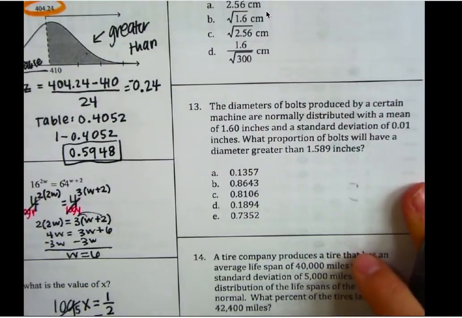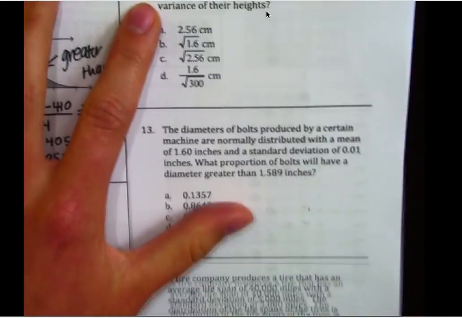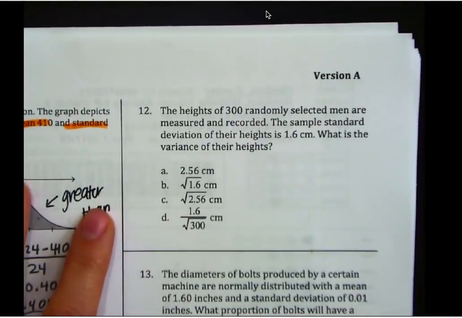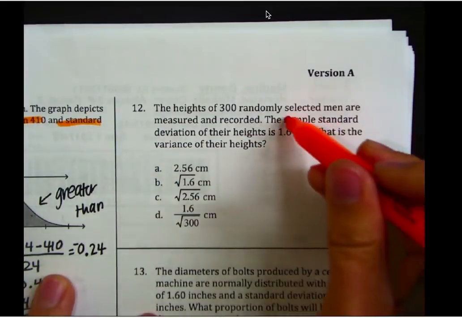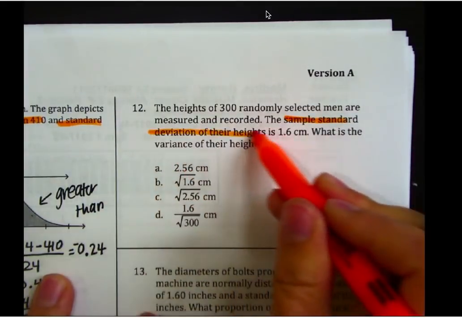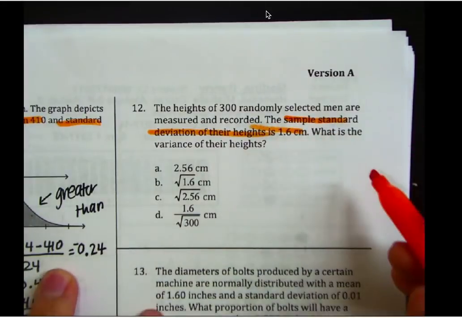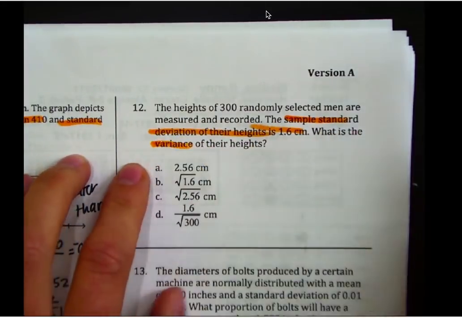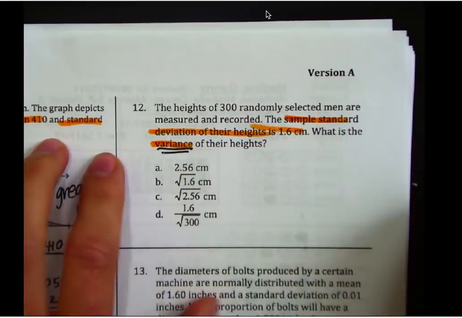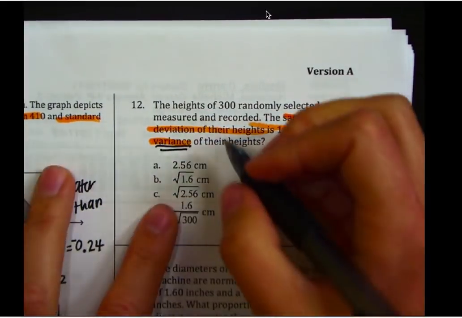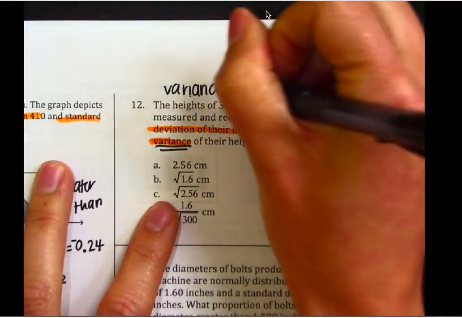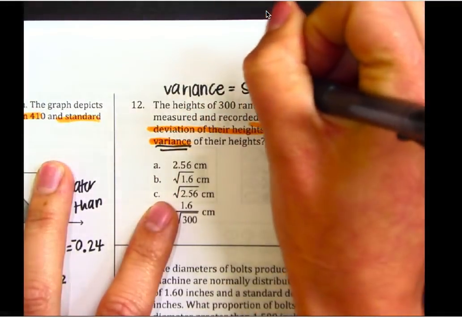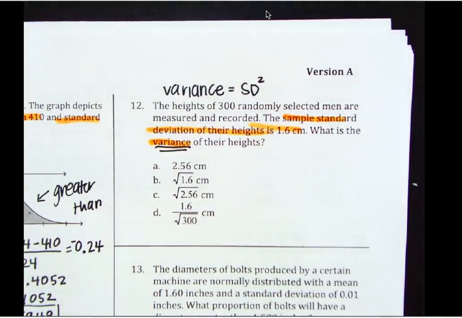Okay, number 12. The heights of 300 randomly selected men are measured and recorded. The sample standard deviation is 1.6 centimeters. We want to know the variance. Some of you have memorized that variance is just the standard deviation squared.